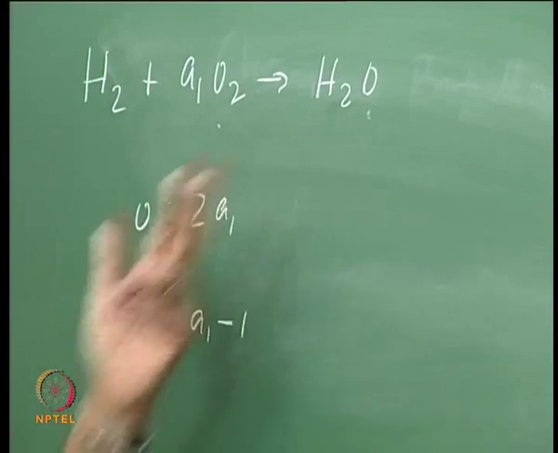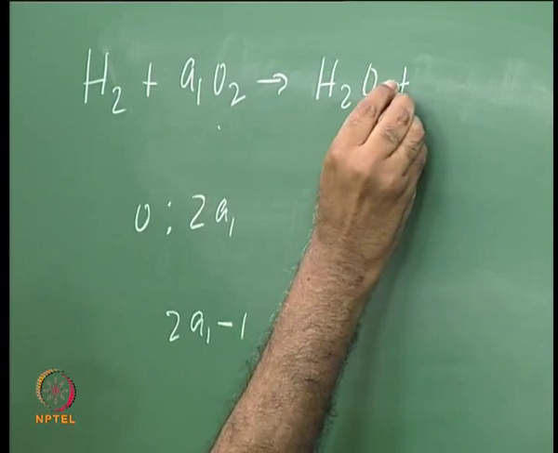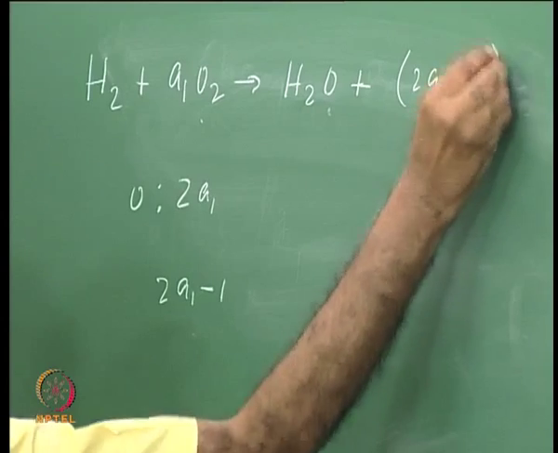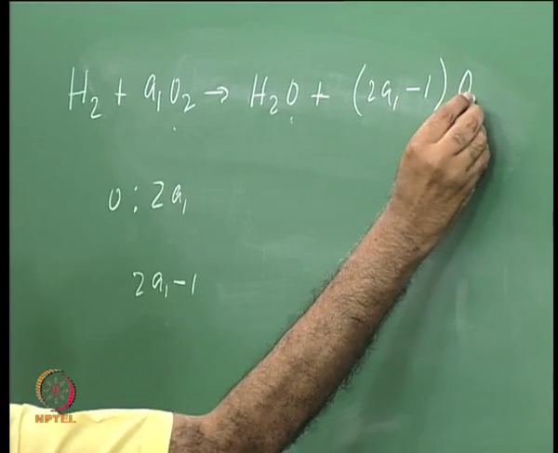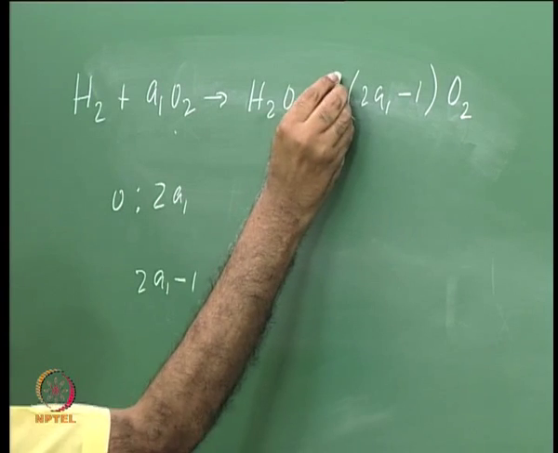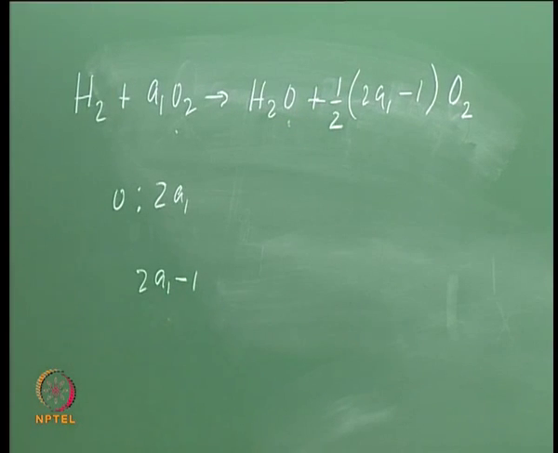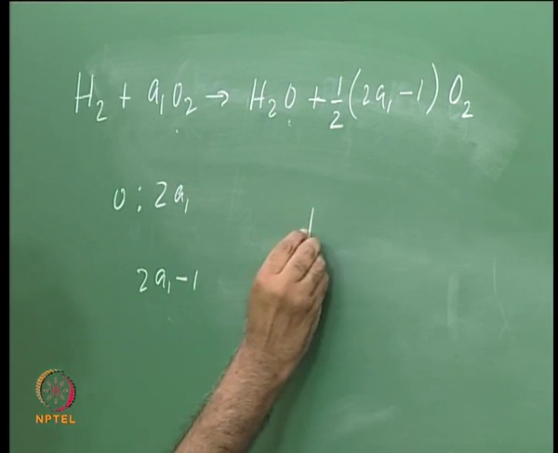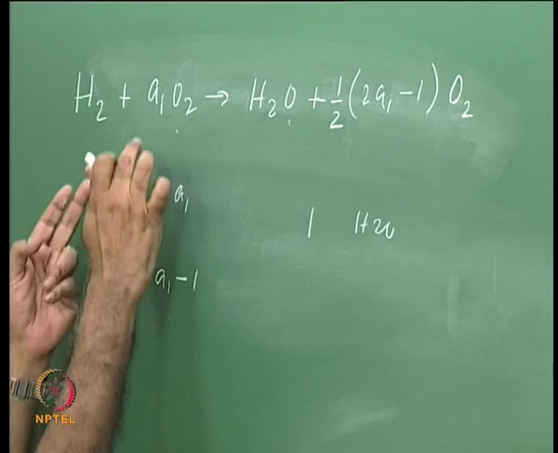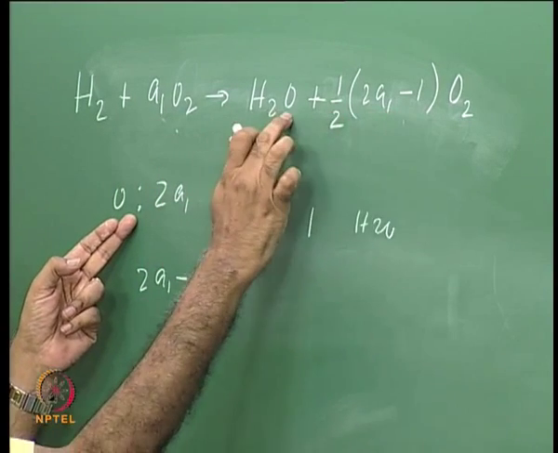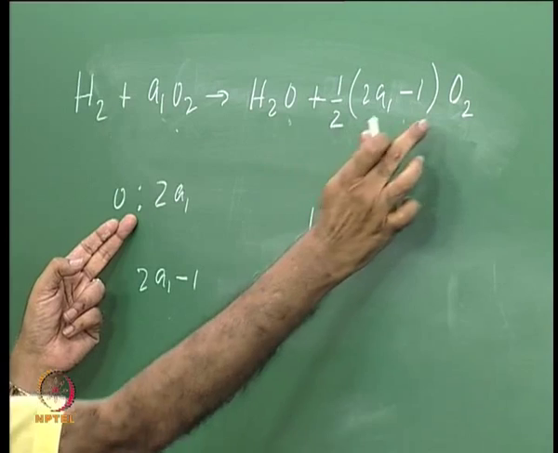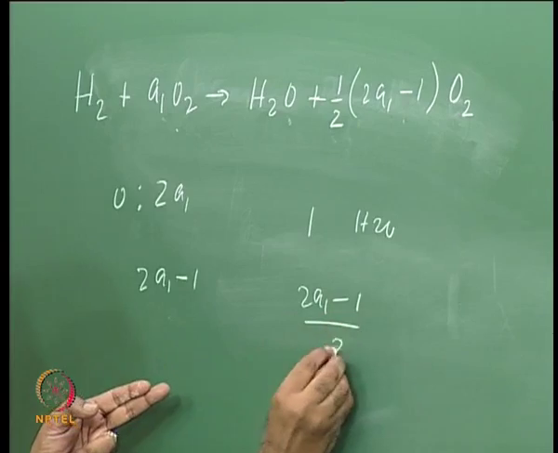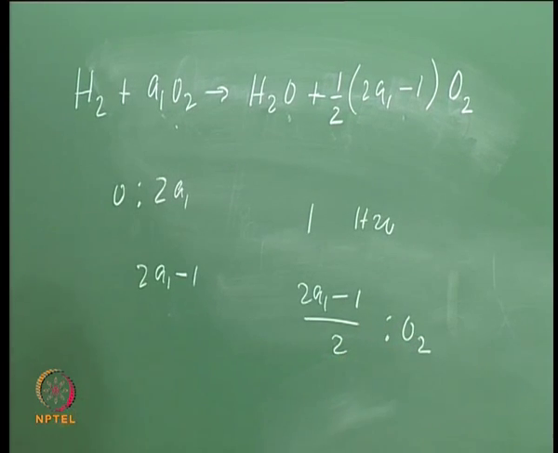Therefore, the amount of oxygen left in this reaction should be 2 A1 minus 1 of O, but I would like to put it in terms of O2, therefore I get half over here. If I were to assume that this reaction is stoichiometric, I get 1 mole of H2O and the balance, that is 2A1 minus 1 divided by 2, of oxygen is left.